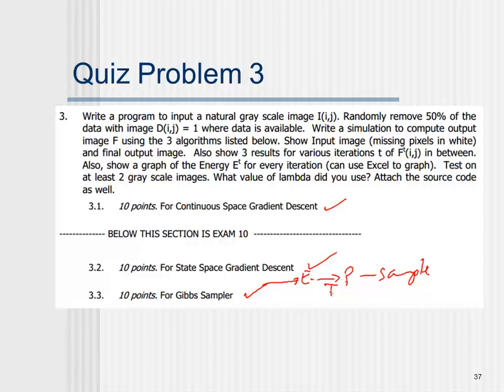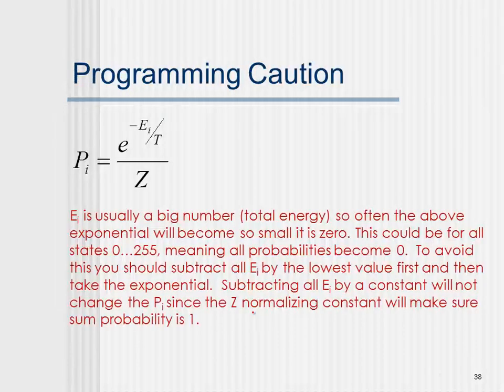In the beginning you're a little bit more liberal, where even a bad E you are more willing to consider, but as time goes by and the temperature goes down, you become more and more greedy and you will only consider good probabilities. So over time we become biased and eventually greedy, in the case of the Gibbs sampler algorithm with simulated annealing.